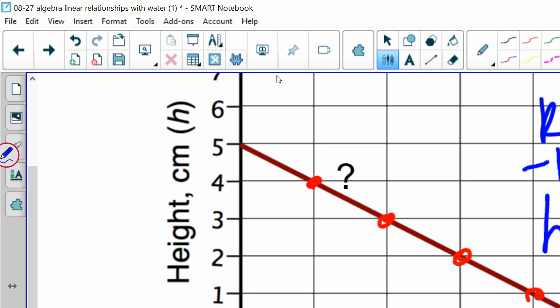Is it just going down 1 per second? How do I describe where I'm starting from? I'm starting from 5, so how do I describe that in my equation? Plus 5. You remember that? So my rate of change belongs in front of my variable, and my y-intercept belongs on its own. This is the thing I'm adding.